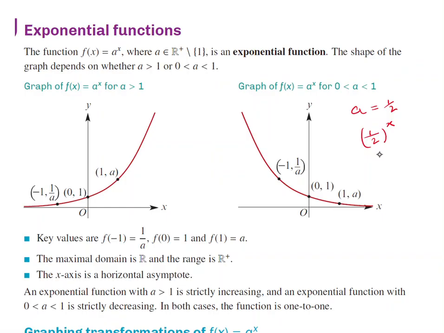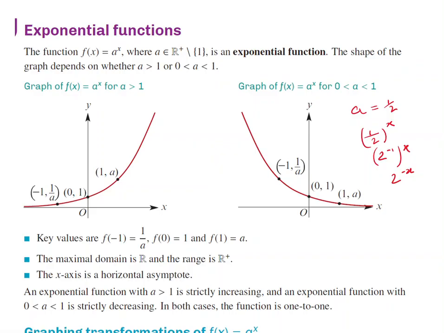And a half can be written as 2 to the -1, all to the x. So then it's 2 to the minus x. And remember, when the minus is in front of the x, it's just a reflection in the y-axis. So if you took our graph for a greater than 1 and did a reflection in the y-axis, clearly you get this graph here. And notice that there is an asymptote along the x-axis, so at y equals 0.